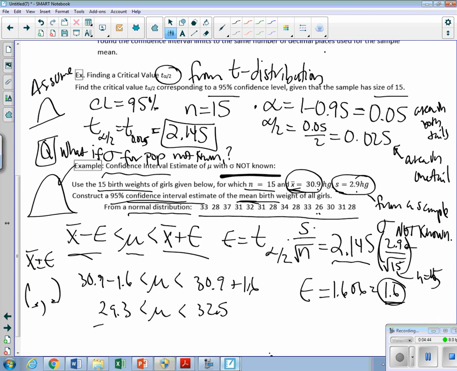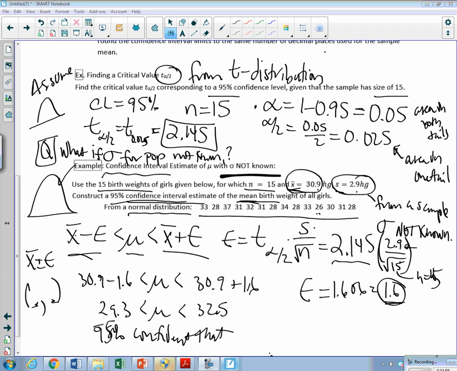So what are we concluding? We're concluding that we are 95% confident, not that the mean is going to fall within our interval, because we're not calculating the mean, we're calculating the interval.